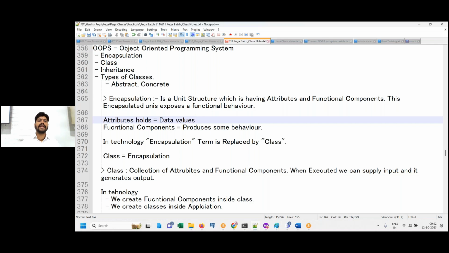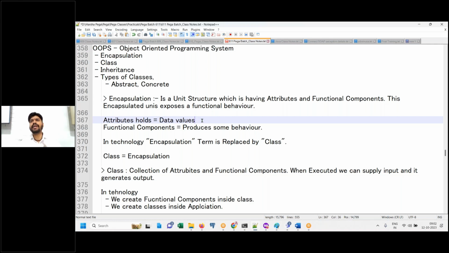Everyone clear? Next, what is meant by attribute and what does it hold? Attribute holds a data value. If you take a human being as an encapsulated unit, what are the attributes? Age, height, color, weight. These are different aspects, called attributes, which hold values. What are the different functional components which produce functional behavior?